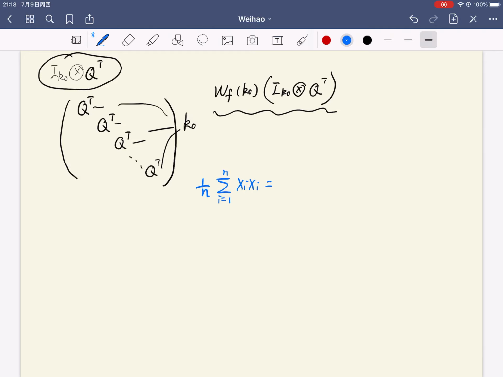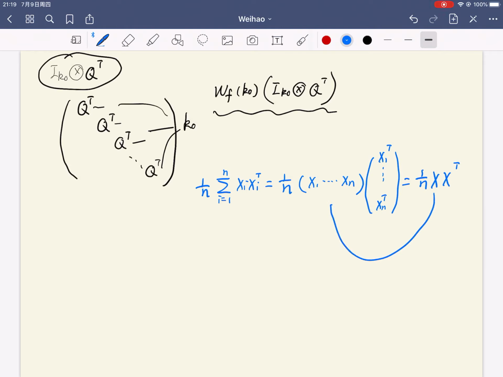And we can rewrite this summation into the matrix form, which we can define new matrix X, which corresponds to this.